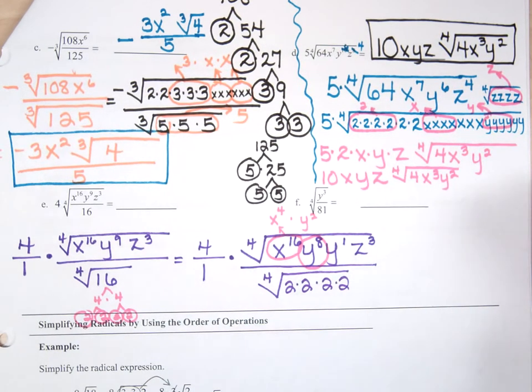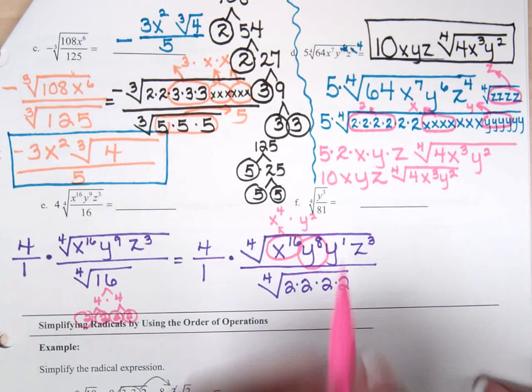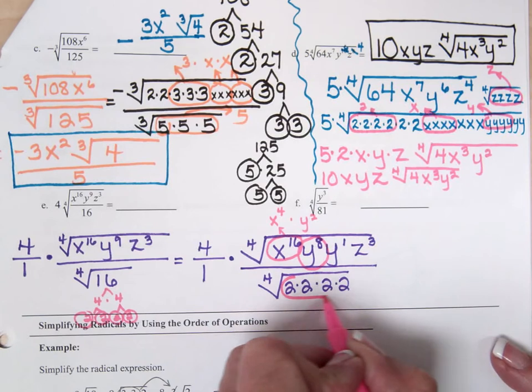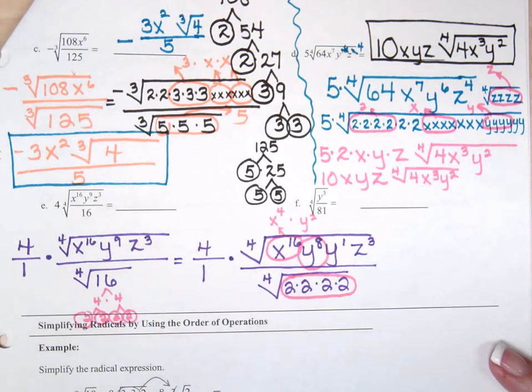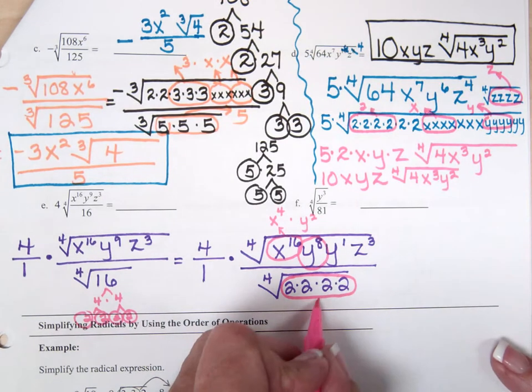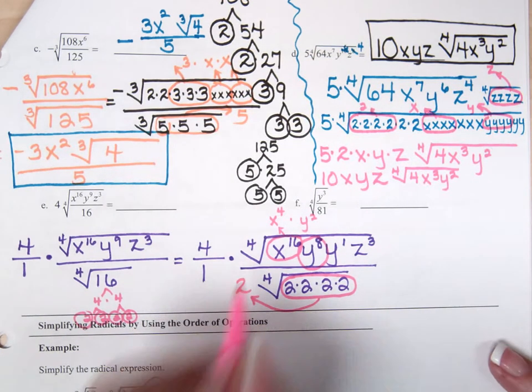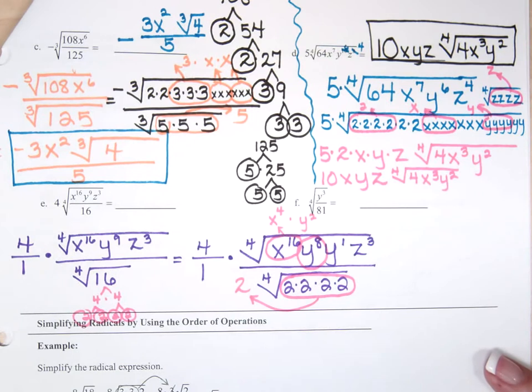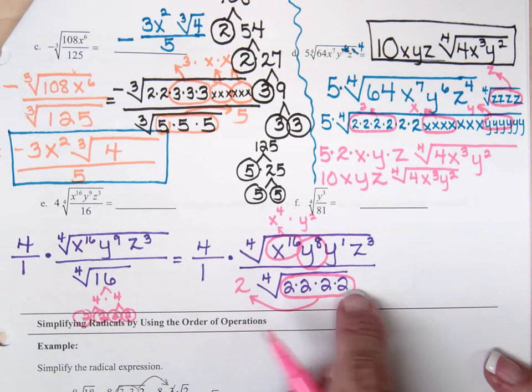And remember how 4 of anything comes out? So can you see that there's not going to be a radical on the final answer? Because those 4 2's are going to come out front as a single 2, and there's not going to be anything left. Because 4 of anything comes out as a single.